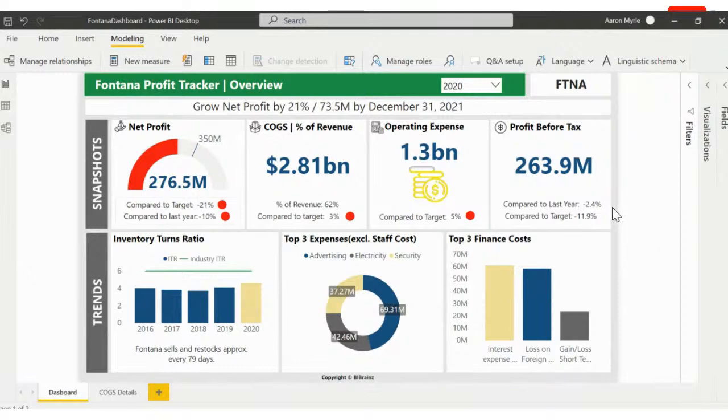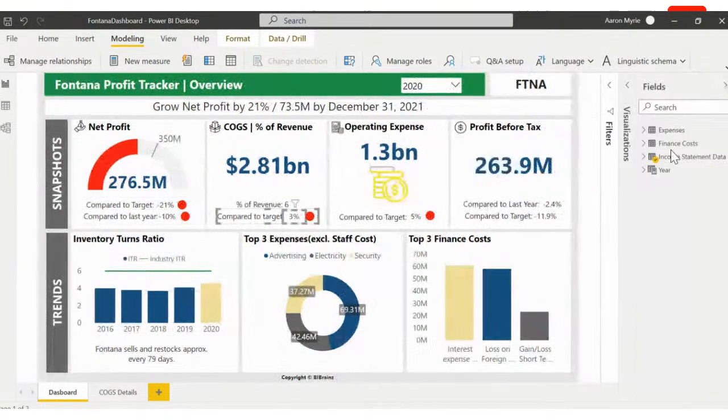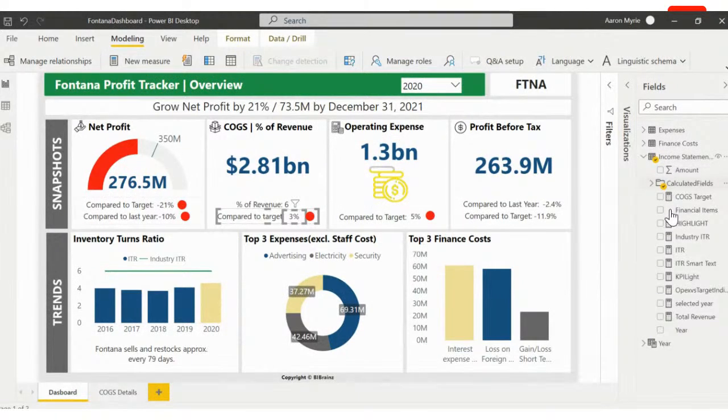I will demonstrate how we can use measures to create different ratios. So for example, the comparison percentages, we use measures to create them. So if I click on, so here's a list of the different measures we created.